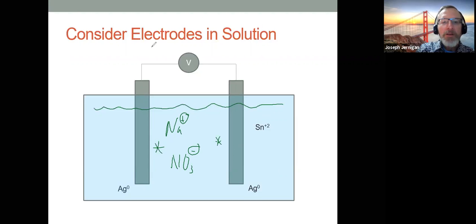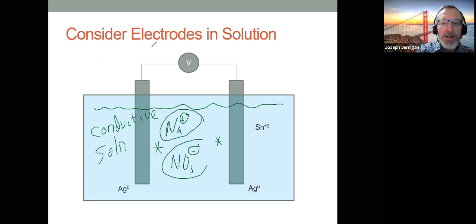Now, the other point I should bring up is if I have silver nitrate in solution, this is a conductive solution, is it not? Do you know what I mean by conductive? The ability to carry or conduct current. That's a conductive solution from the standpoint that we have ions in it, right?